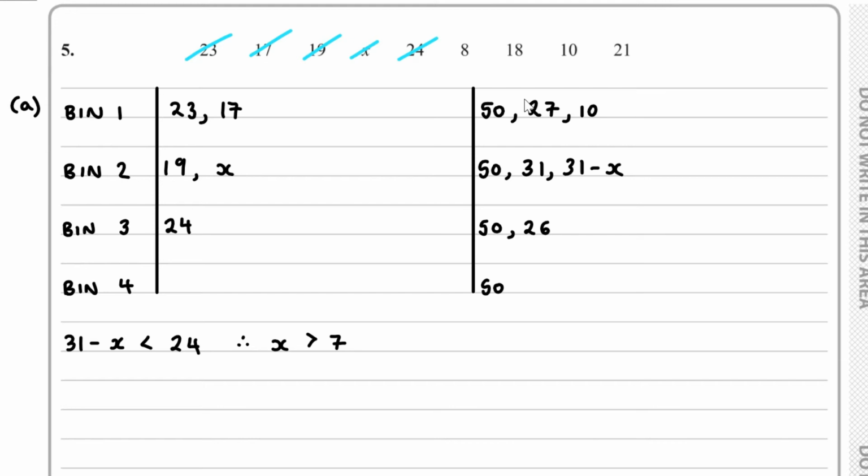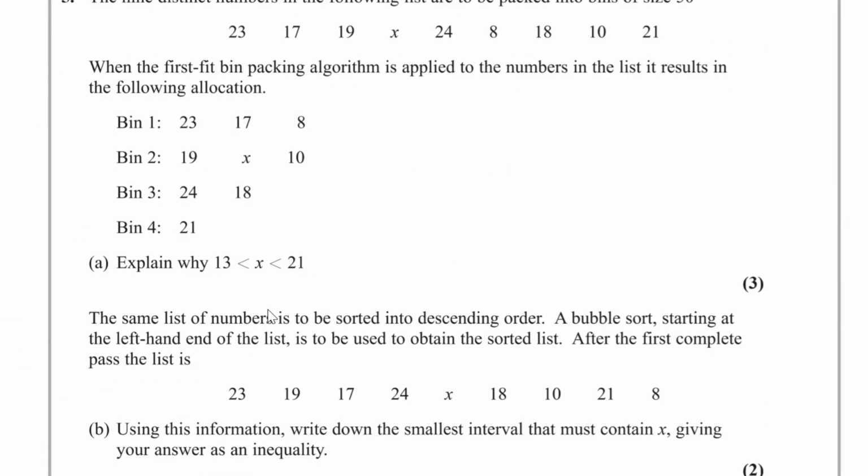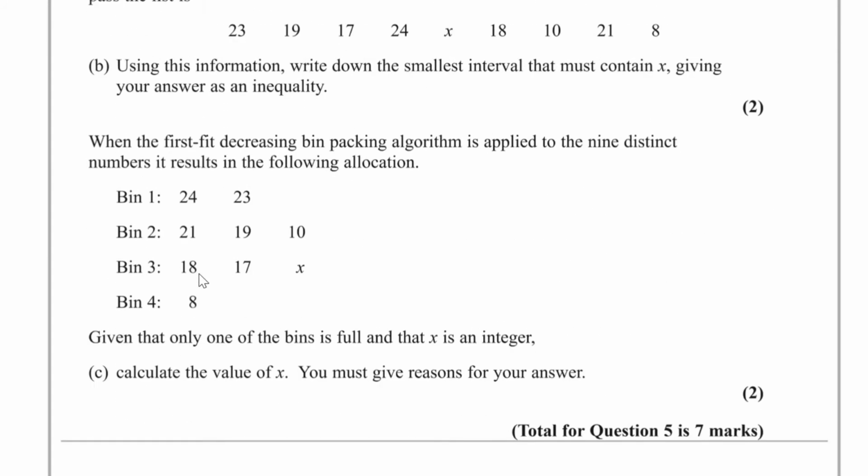If we take the 8, well, 8 we can place into bin 1, and therefore the space left over will be 2. If we take a look at the 18, if we go back to the statement here, you can see 18 has been put into bin 3.